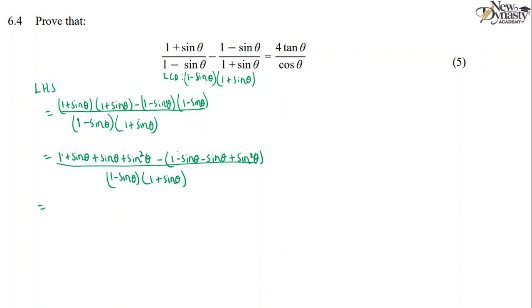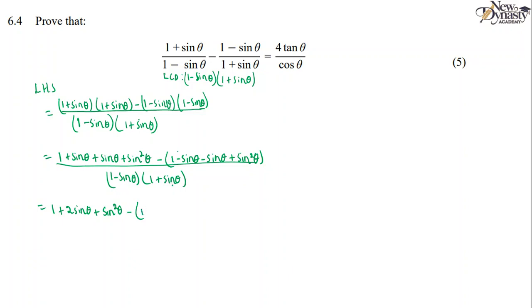Simplifying the numerator, 1 plus sine theta, that is going to be 2 sine theta. Some of you may even get bored because of the long steps that I'm doing. I think it is necessary for some of you to understand. Before we multiply, let us still simplify inside the brackets.